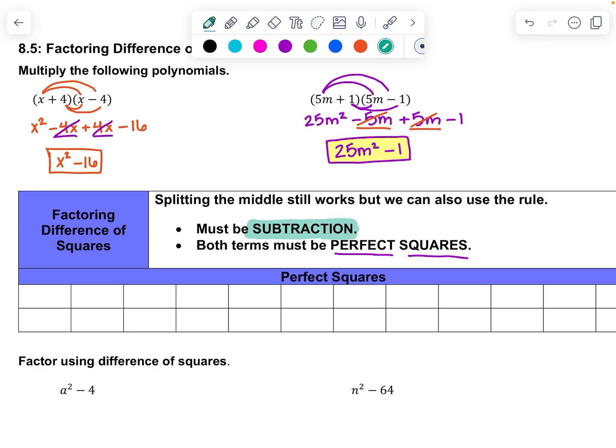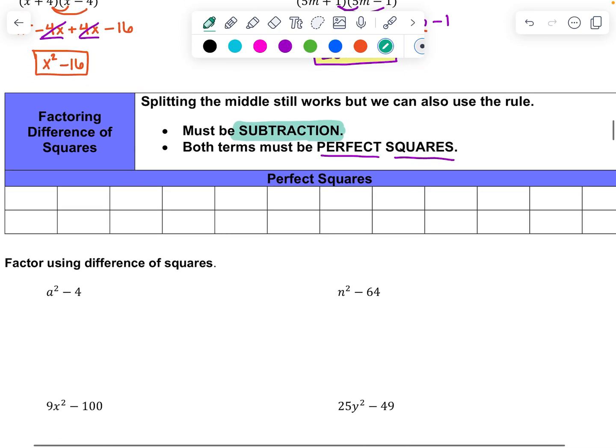So what it means to be a perfect square is we get a nice whole number when we take the square root. So if I take the square root of 1, I get 1. If I take the square root of 4, I get 2. Okay, these are going to be good things to have down in your notes, so make sure you have these down.